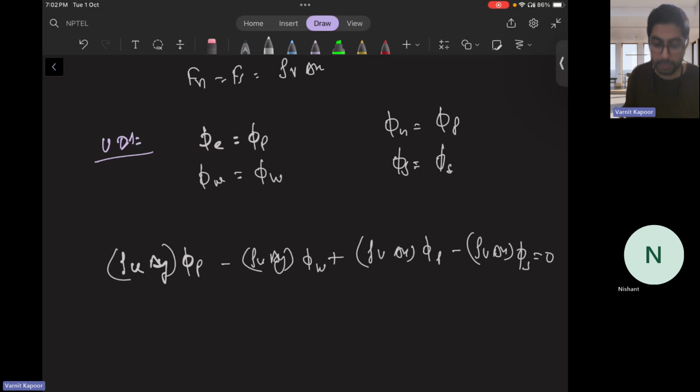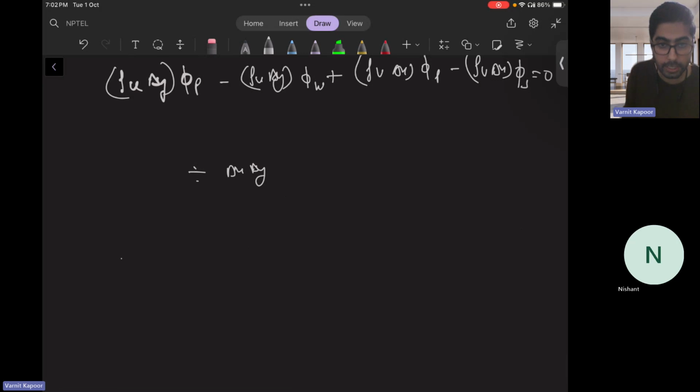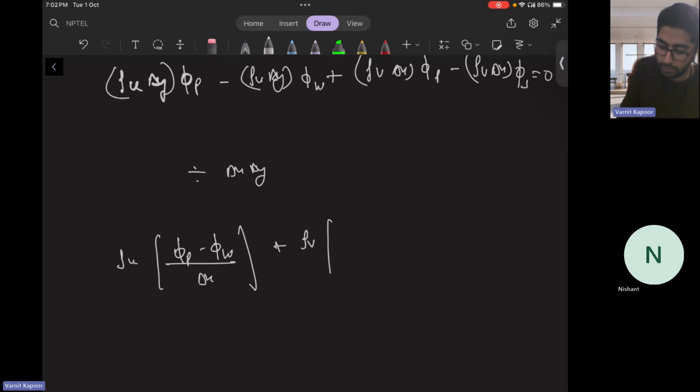Now divide by del x del y in the whole equation. You will get your final equation as rho u (phi P minus phi W) by del x plus rho v, and rearrange it, (phi P minus phi S) by del y equal to 0.